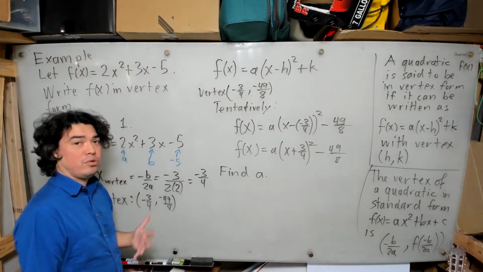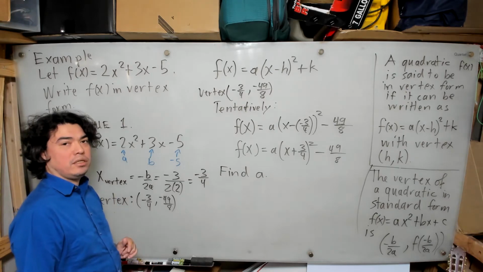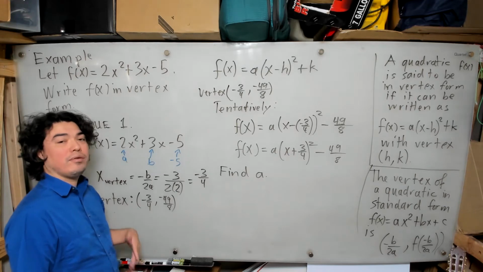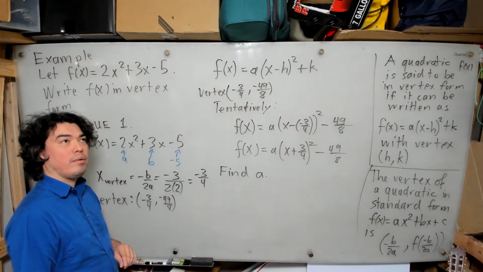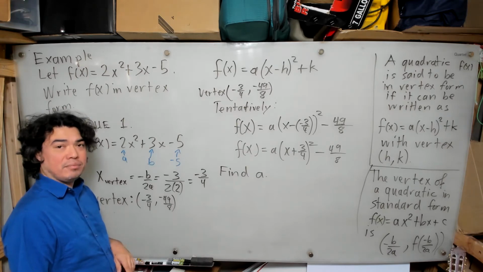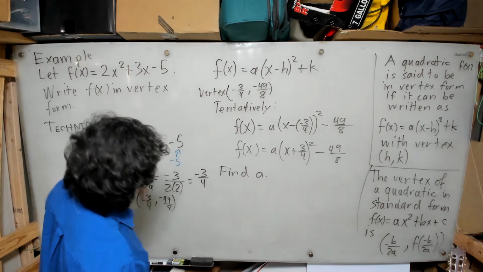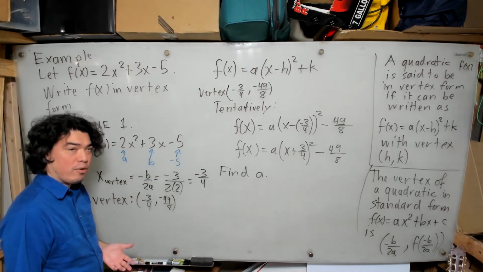And what I like to do a lot is, if the vertex does not go through the y-axis, then I can pick a point on the y-axis as my second point. For example, I know that every point on the y-axis has x coordinate 0.